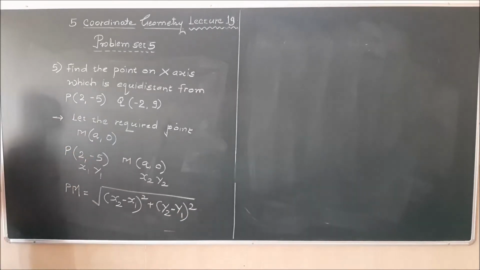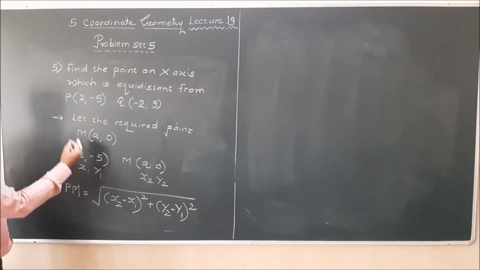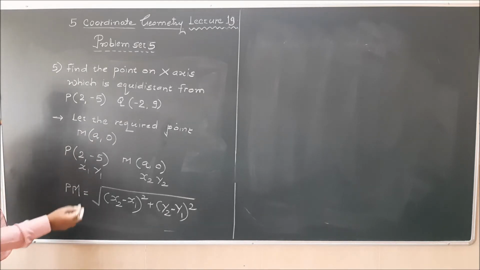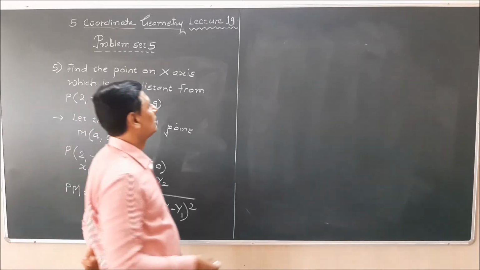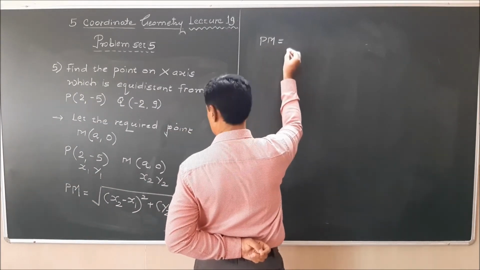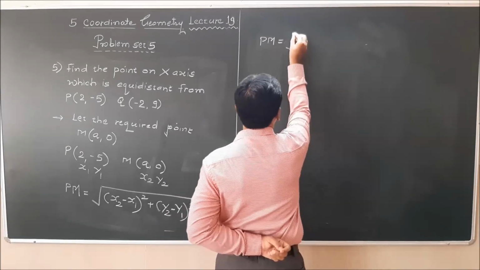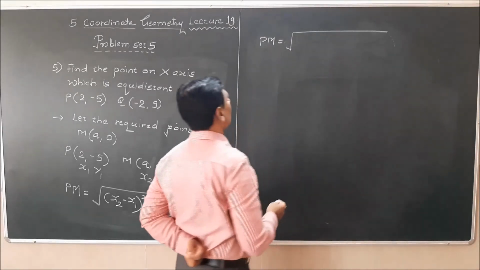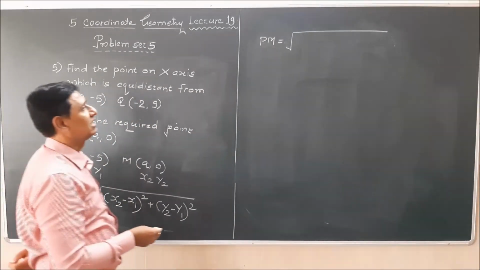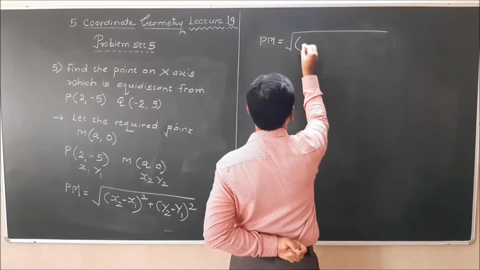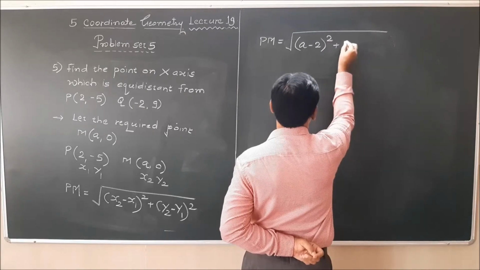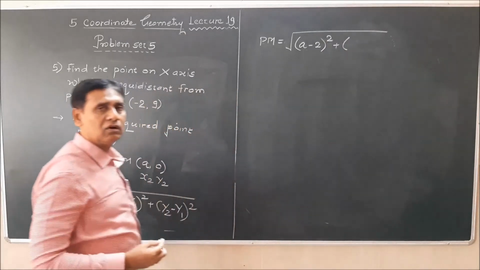This is our distance formula because it is given M is equidistant from P and Q. So PM is equal to root of x2 minus x1, that is a minus 2, the whole square plus y2 minus y1 the whole square.